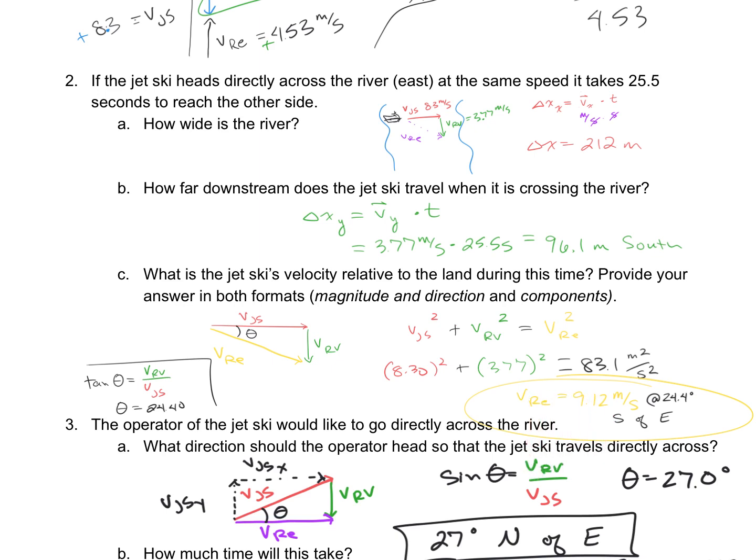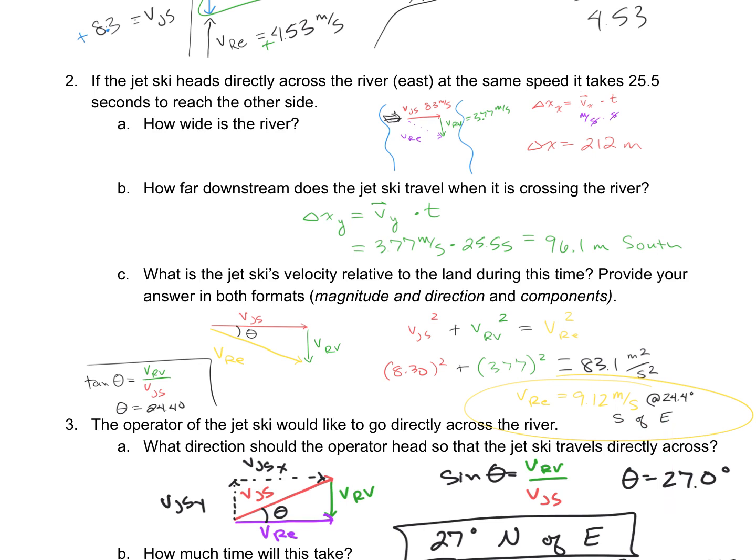So overall, for the magnitude of the jet ski, it's asking for both formats. Here are the two formats. The velocity of the jet ski relative to the land is 9.12 meters per second at 24.4 degrees south of east.